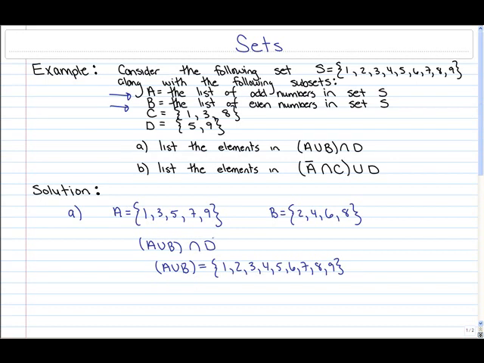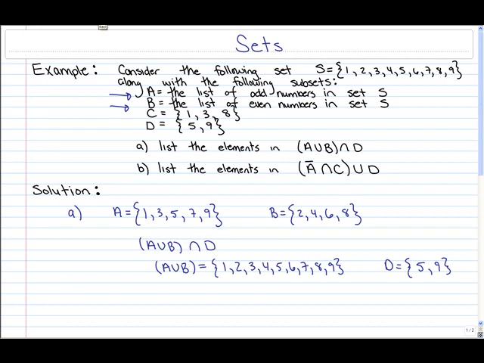Now we need to intersect that set with D. Now keeping in mind that D is equivalent to the subset 5, 9. So if I want to intersect this set here with this set here, what does that mean? Now intersection just simply means the elements that are in one and the other. So the key word here is and.